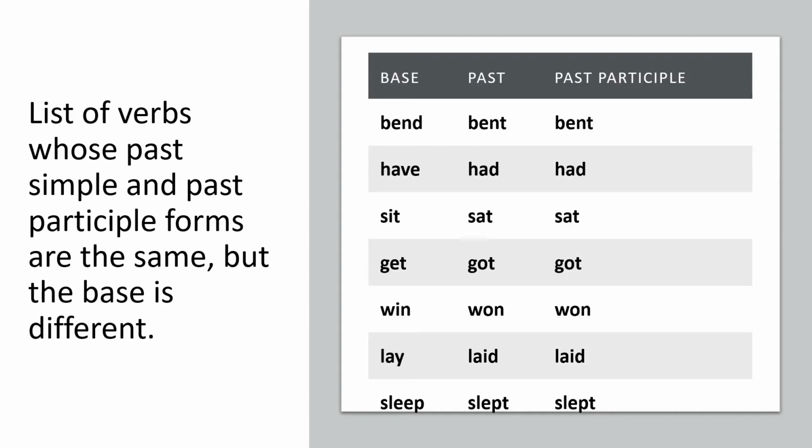List of verbs whose past simple and past participle forms are the same, but the base is different. For example, bend, bent, bent, have, had, had, sit, sat, sat, get, got, got, win, won, won, lay, laid, laid, sleep, slept, slept.